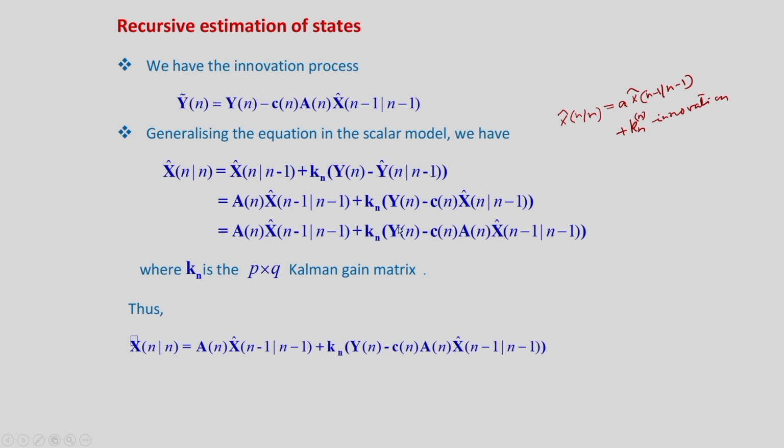This matrix weighs the innovation part. Thus, we can write x hat n given n is equal to A n into x hat n minus 1 given n minus 1 plus k n times y n minus C n into A n into x hat n minus 1 given n minus 1. So, this is the state estimator for the Kalman filter.